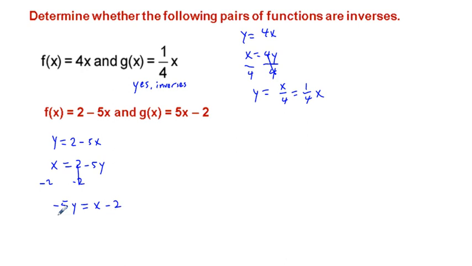Now we divide by negative 5. And just working to the right here, we're going to get y is equal to negative 1/5 x, and that's going to be minus divided by minus, it's going to be plus 2/5.